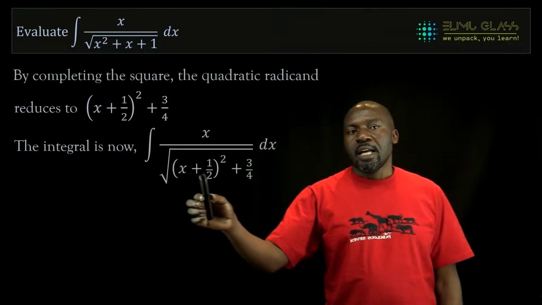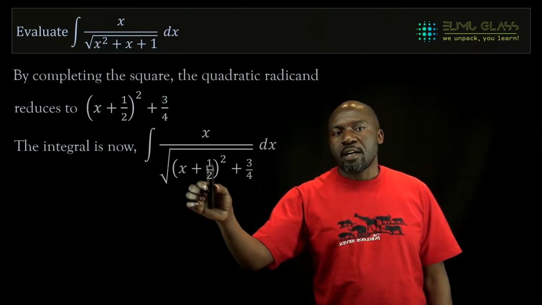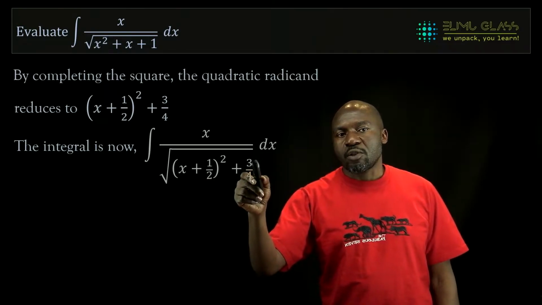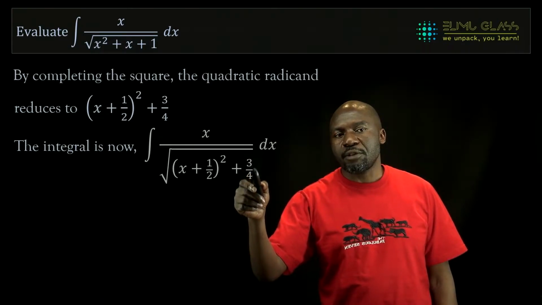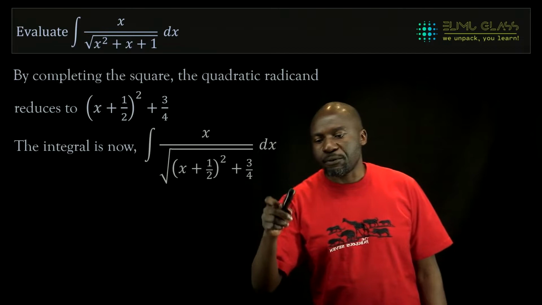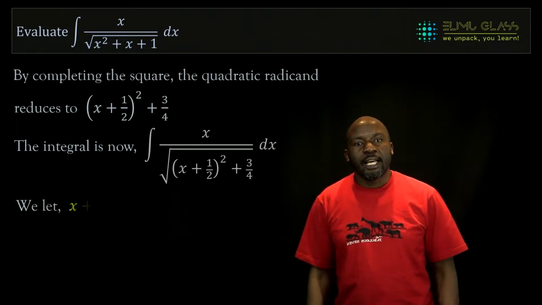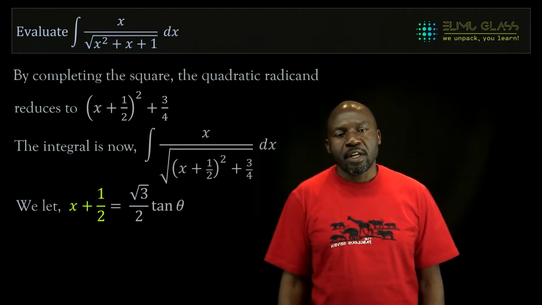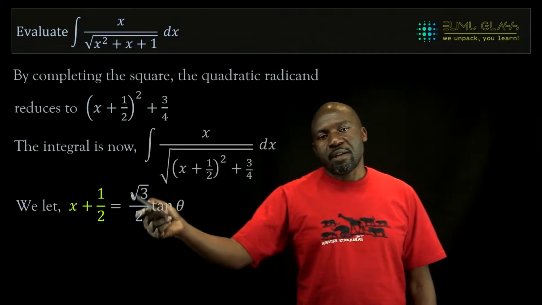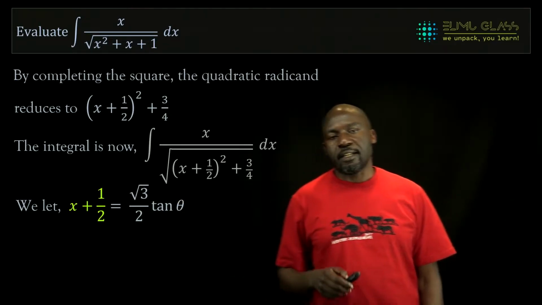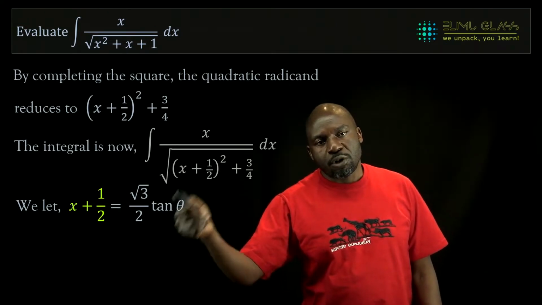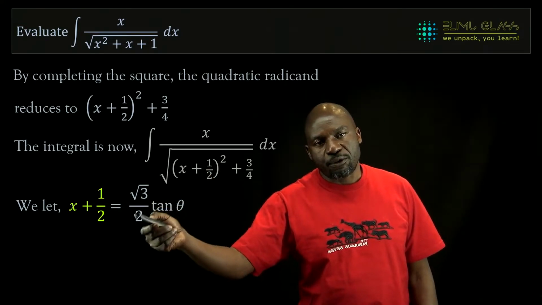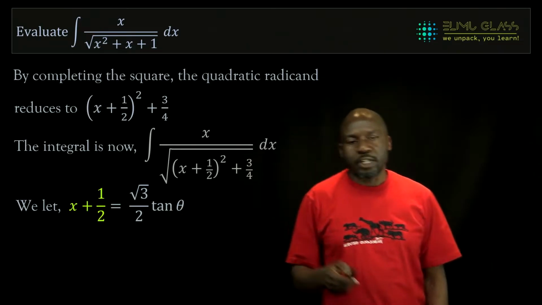To do that, I have to let x plus a half be equal to the square root of 3 over 2, so that when I square root 3 over 2, I'm going to end up with 3 over 4. So let x plus a half be represented by root 3 over 2 tan theta. If I do that, then when eventually I put this in, it's going to turn into 3 over 4 tan squared of theta. I hope you understand that.